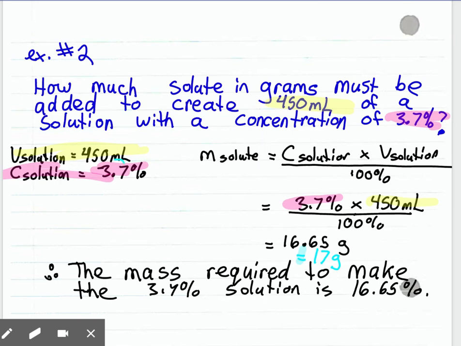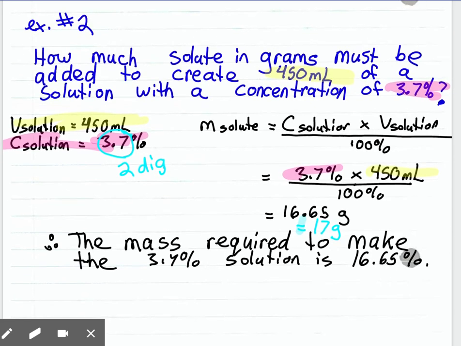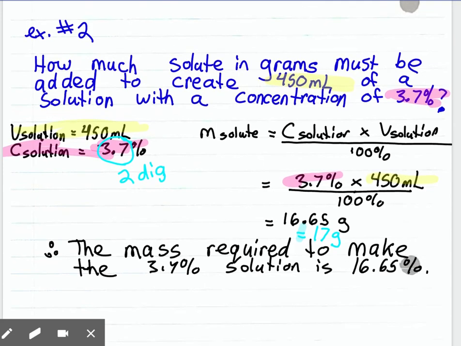I'm only using 2 digits because this number here, 3.7, has 2 significant digits. And I've got a nice therefore statement to finish off because I have a word problem. Therefore, the mass required to make this 3.7% solution, that should say 17.